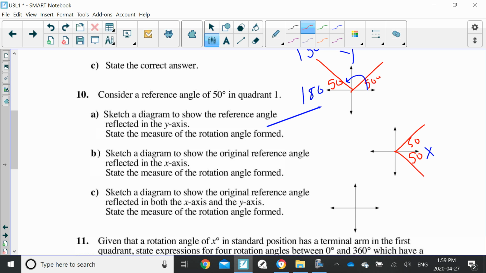So now the 50 degrees would go there. And if I said, okay, what's that rotation angle? Remember that the rotation angle always starts at 0, and you're rotating it around to the terminal arm. So the terminal arm would be there. One full rotation is 360 degrees, and if you subtract 50 degrees, this terminal arm is going to be at 310 degrees.